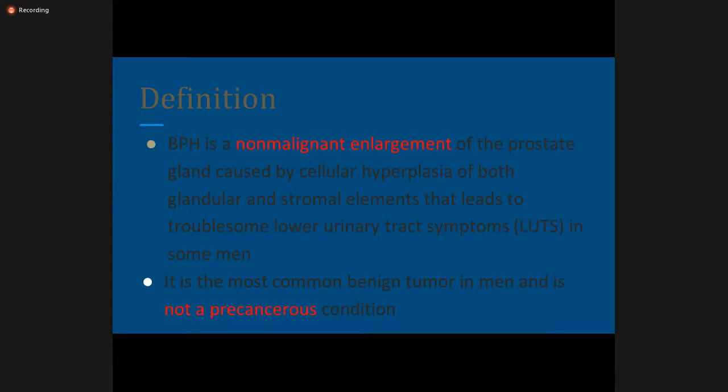It happens with aging, but not all elderly males have this, but it gradually increases with age. It is one of the most common benign tumors in men, and bear in mind that it is not a precancerous condition.